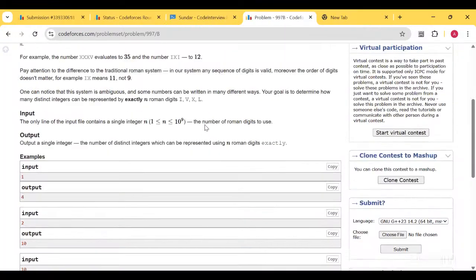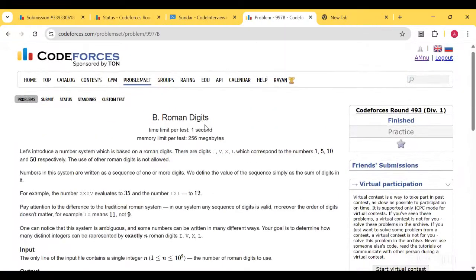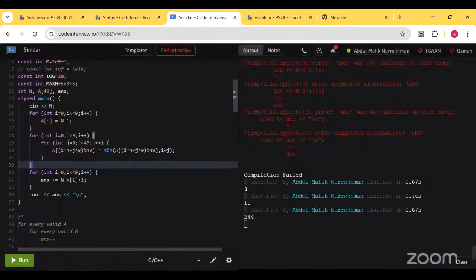Okay, yes, I think that's correct. Okay, any question about this solution?